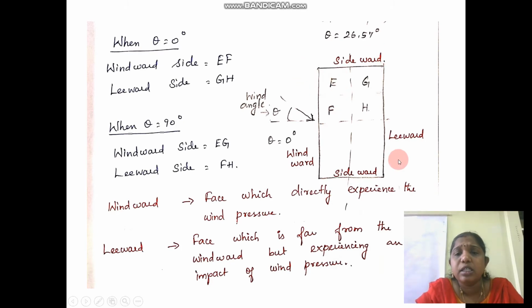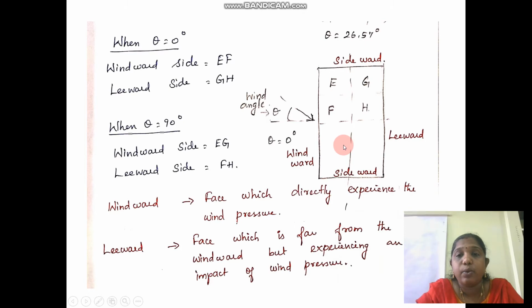This figure is given in the code itself, that is EFGH. EF is when the angle of wind theta is equal to 0 degrees. When the wind acts in this direction, this is your windward side, this is your leeward side, and these two are your sideward sides.